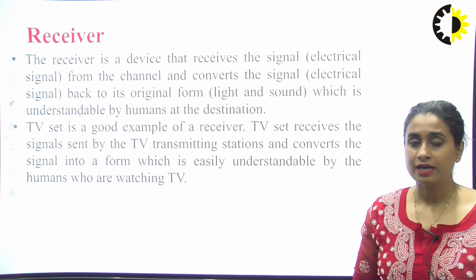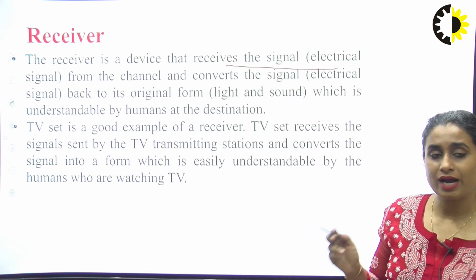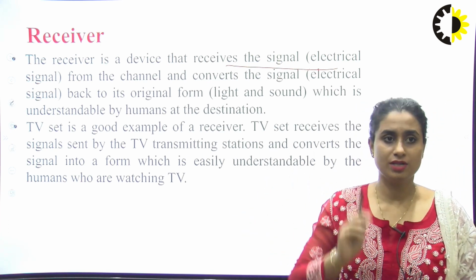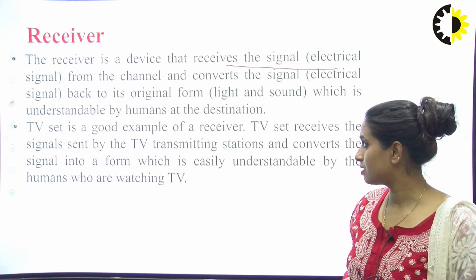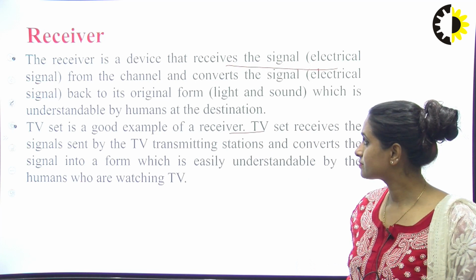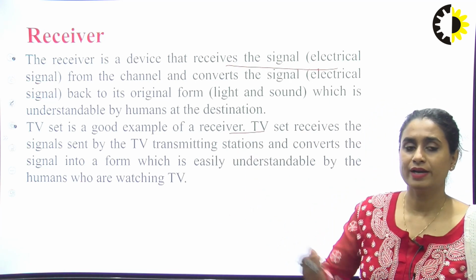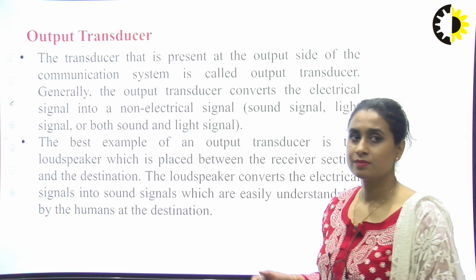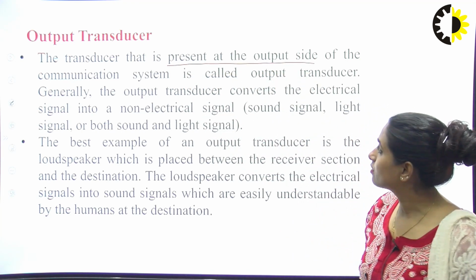What is the receiver? It is a device which receives the signal, and if modulation was performed at the transmitter, demodulation will be performed at the receiver. A TV set is a good example of a receiver. It converts the signal back into original form, followed by the output transducer, which is present at the output side of the communication system.